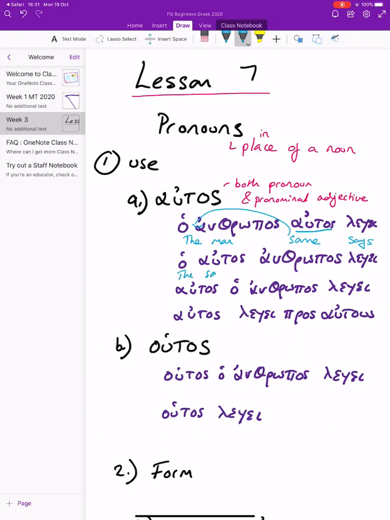The same man says. Change the word order though, so that the autos is now outside of the article and noun, and you've got the man himself says. So it's moved from meaning same to being a reflexive word meaning self.